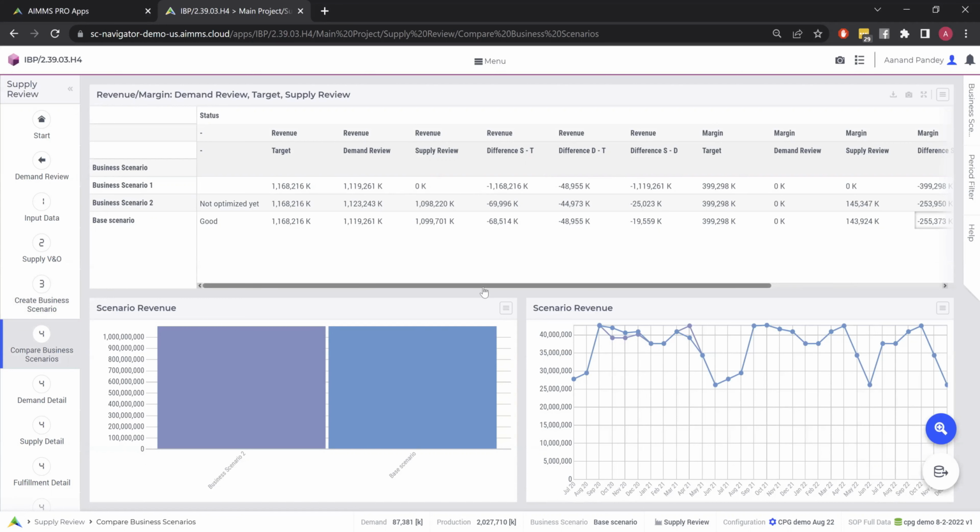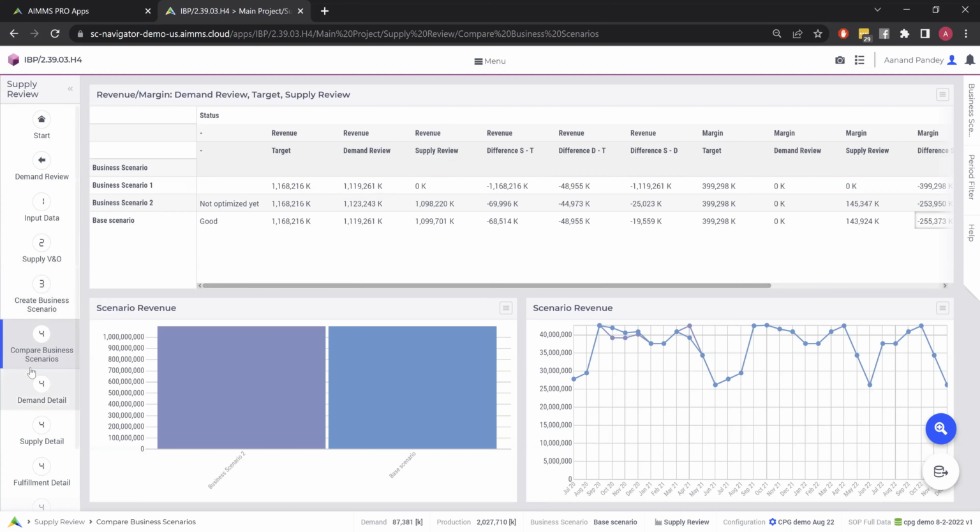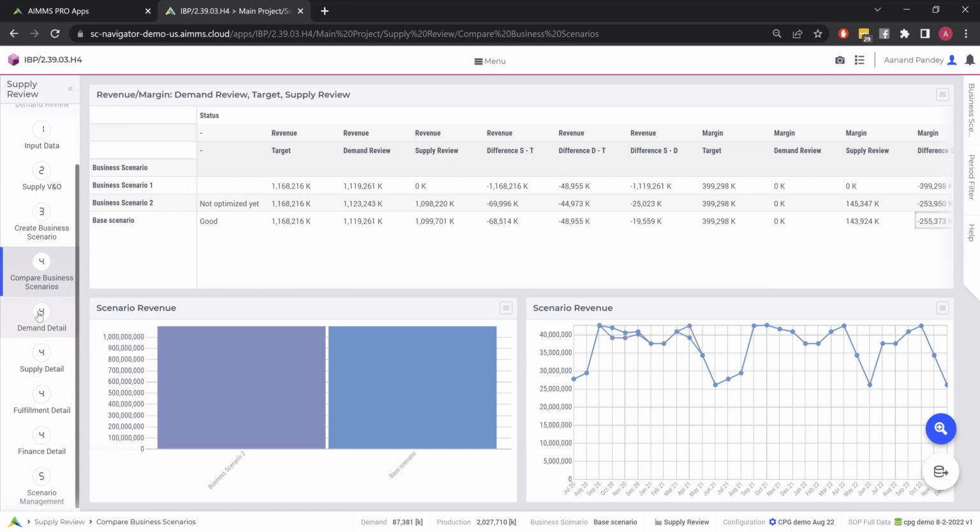You could also force the application so that every time you optimize, it tells you the best combination of balancing your demand and supply in order to reach a certain target margin.